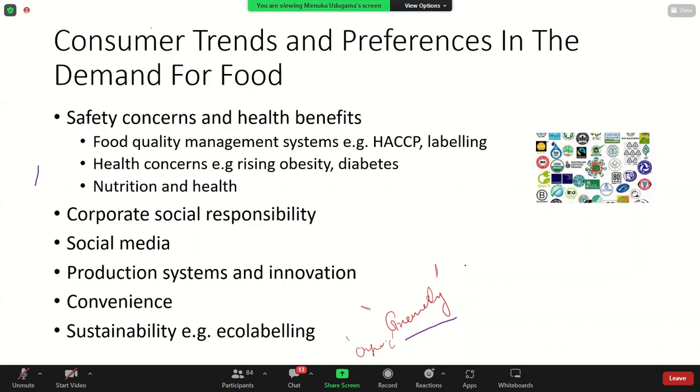But can we really trust these labels? Who would verify or authenticate them? How can you validate the authenticity of these labels? So that greenwashing, green product, organic natural product, it's not really what they say.